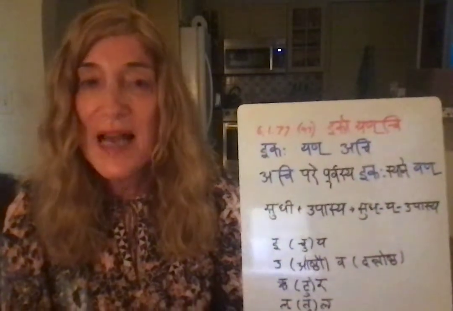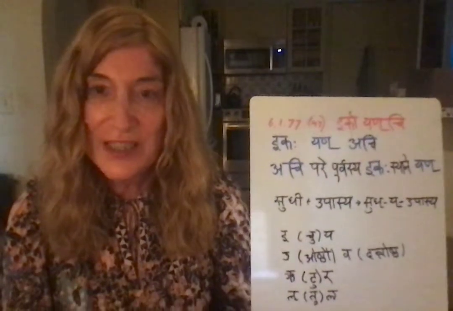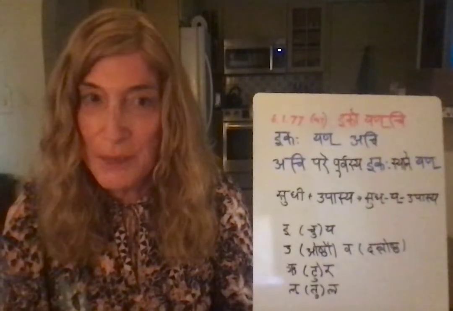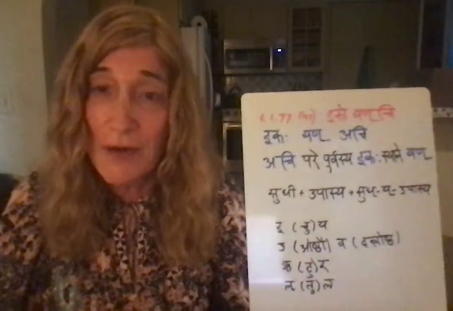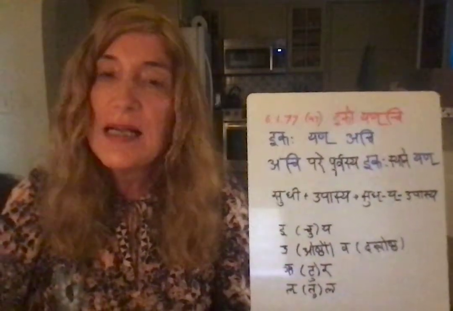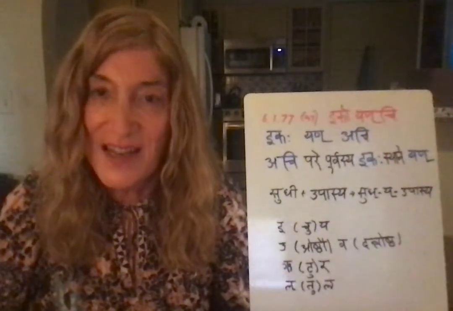Anyway, if you think about this actual function, iko yanachi, and we say achipare, but I think that's just a way of describing it, because in fact what's happening is ikahastane.